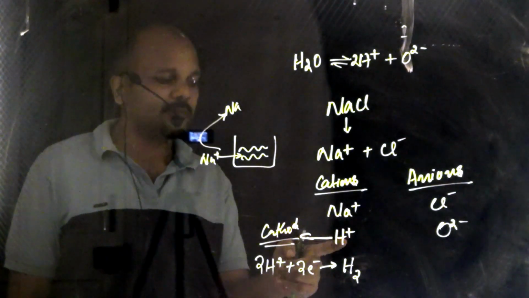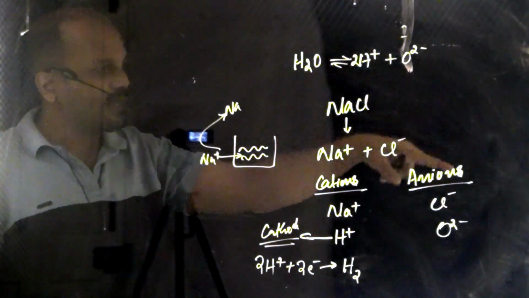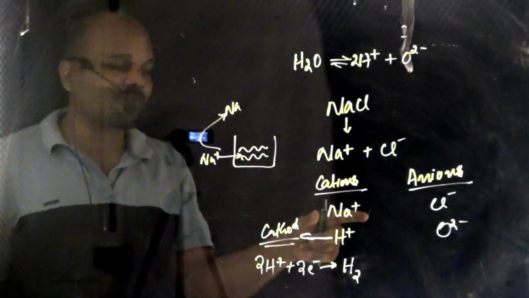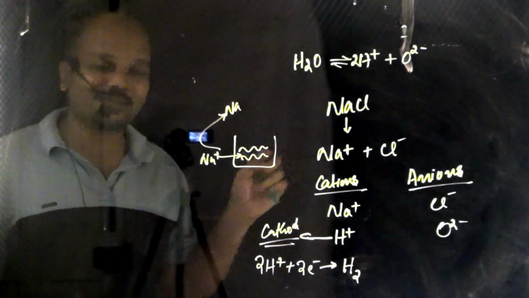There are two cations, Na+ and H+, but sodium is above hydrogen in the reactivity series, so sodium will not come to the cathode. It will remain in the solution itself. More reactive species will remain in the solution.